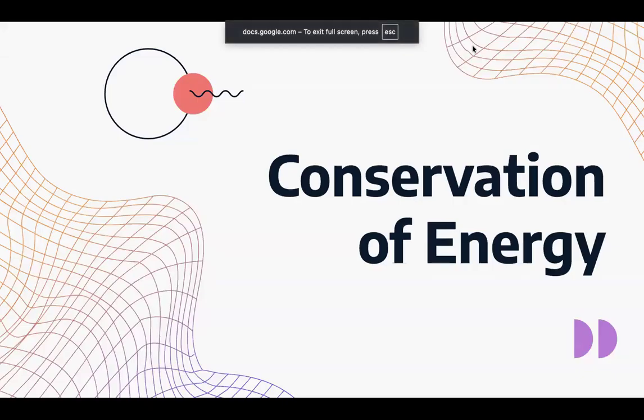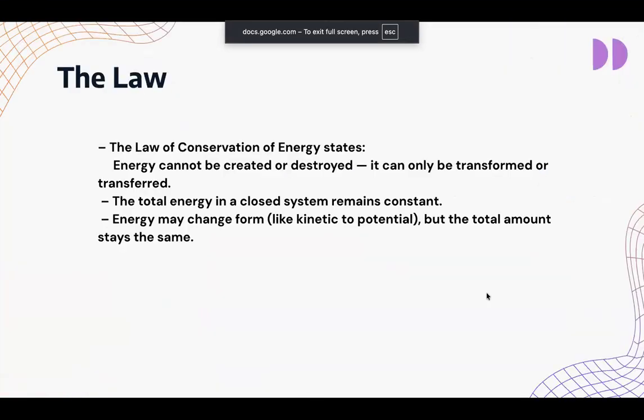So basically, this goes hand in hand with the conservation of energy. The law of conservation of energy states that energy cannot be created or destroyed. It can only be transformed or transferred, right? So when a ball's bouncing and it starts to bounce lower and lower, the energy is not disappearing.